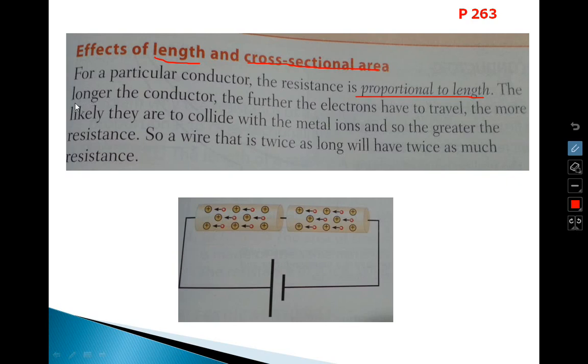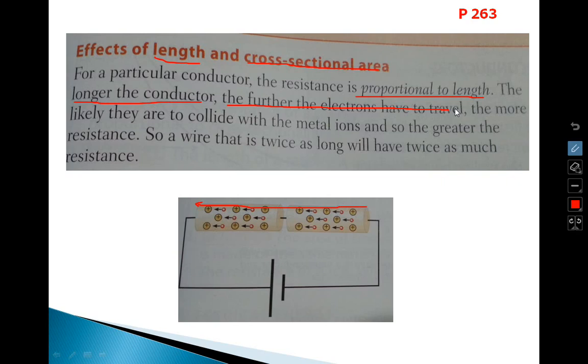We can say that the longer the conductor, so if this distance is longer, the further the electrons have to travel. The electrons need to move through all this area, all the way from here up to here. So the longer the conductor, the further the electrons have to travel.